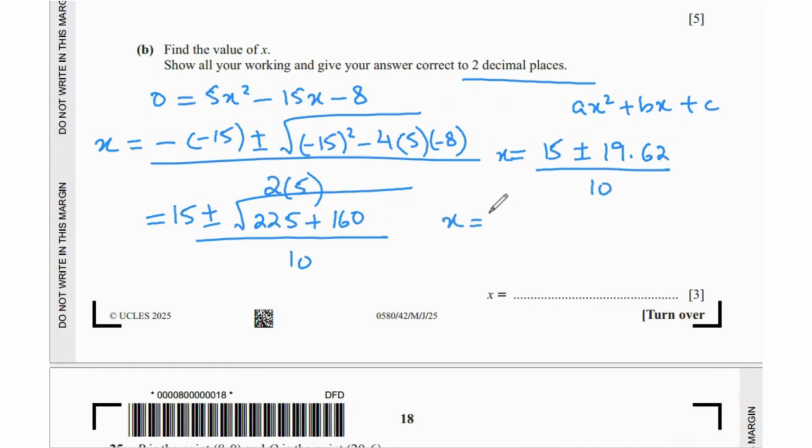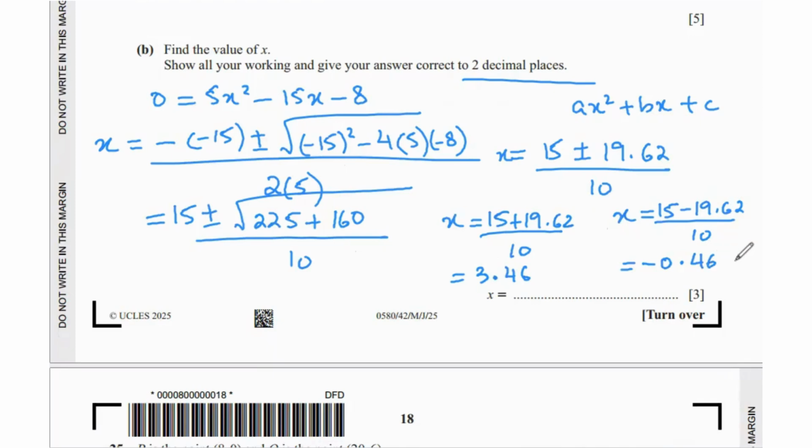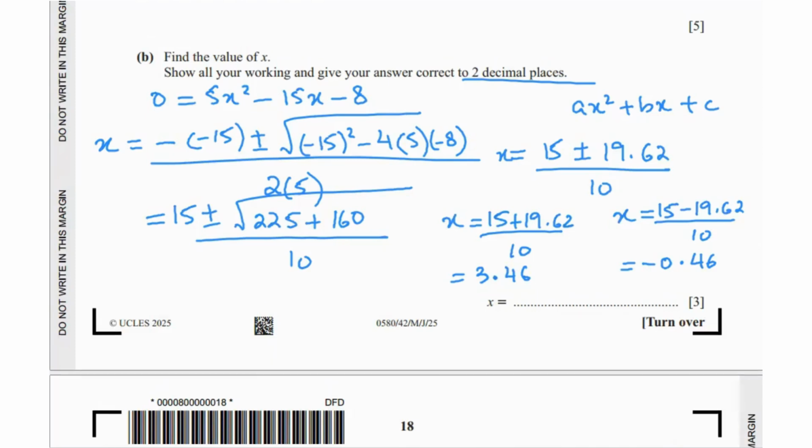So one value of x is going to be 15 plus 19.62 over 10, which gives us 3.46. And the other value is going to be 15 minus 19.62 over 10, negative 0.46. That's your answer correct to 2 decimal places. Since x represents distance and distance cannot be negative, our final answer will be 3.46. We don't use negative 0.46 because the distance cannot be a negative value.